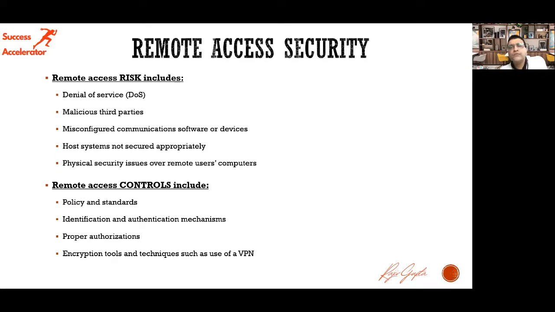Because otherwise, if I'm accessing company servers sitting at the airport, and the data is not encrypted, then someone else sitting at the airport, if he is a hacker, and if my data is going in clear text, then anybody can read the data going to my company server, because I am accessing it using maybe airport Wi-Fi or hotel Wi-Fi.